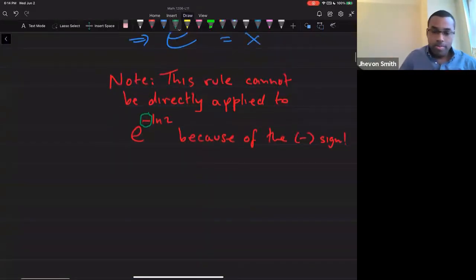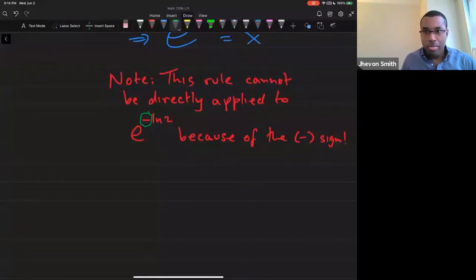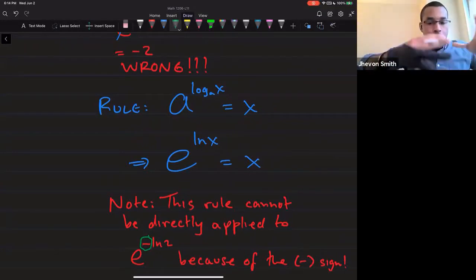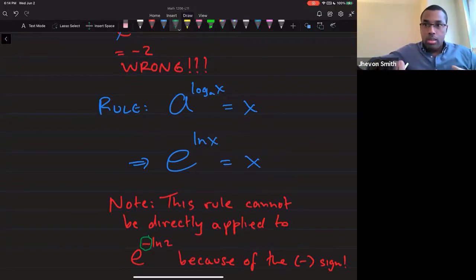Okay, so this brings up a very, very important point. Attention to detail and the fact that the rules that I give you are templates. You cannot apply them unless you can take the rule and fit it on top of exactly the problem that you're looking at. If anything is out of position with the rule, you cannot apply the rule, right?